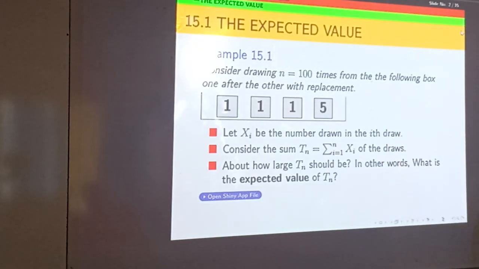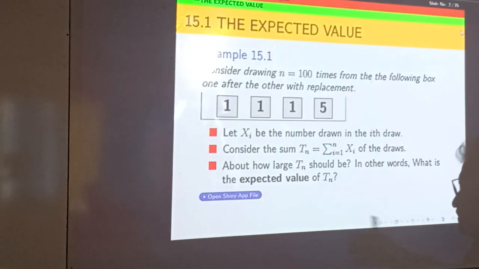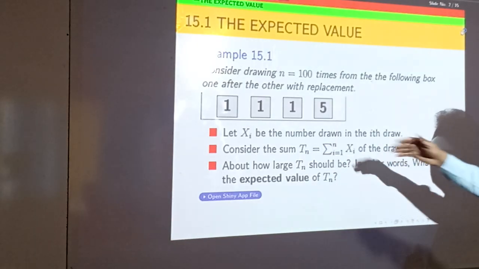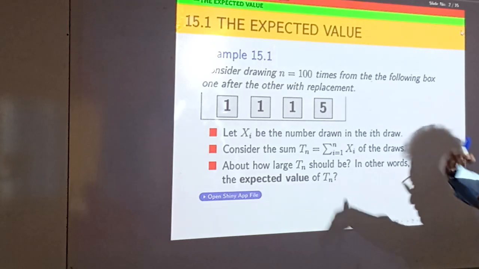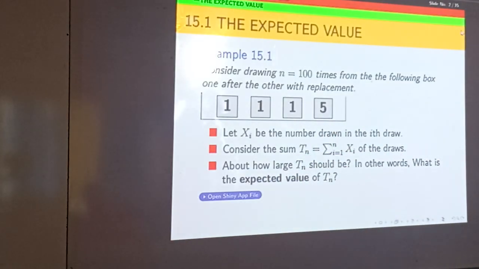Xi is the value that you get in the ith row, right? So x1 is the number that you get in the first row, x2 is the number that you get in the second row, and so on. So if you add those numbers, you get the Tn. So the question is how large the Tn is, because Tn can be used, for example, to measure the total gain. So therefore Tn is an interesting quantity.